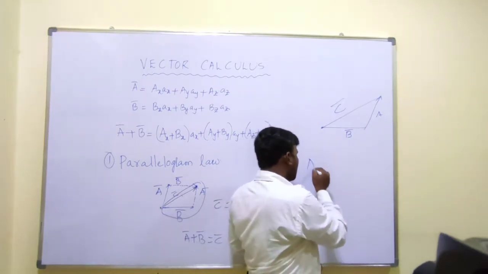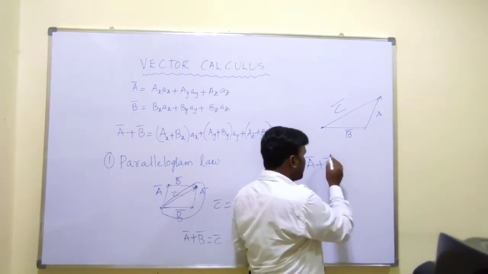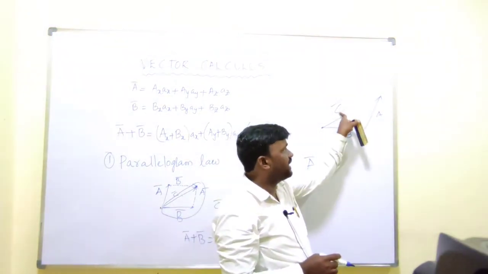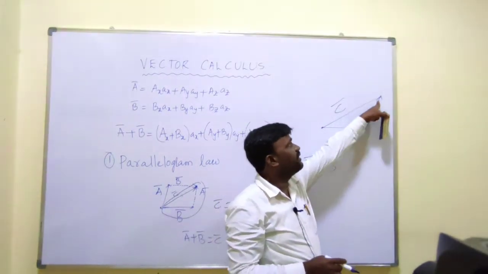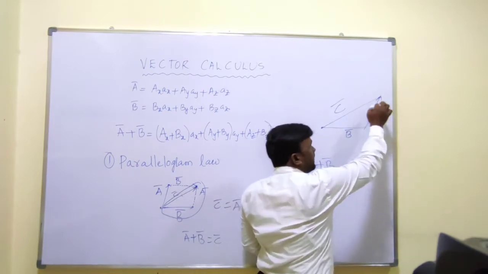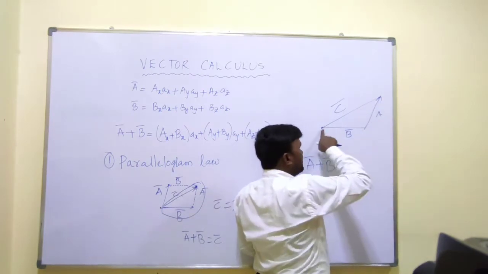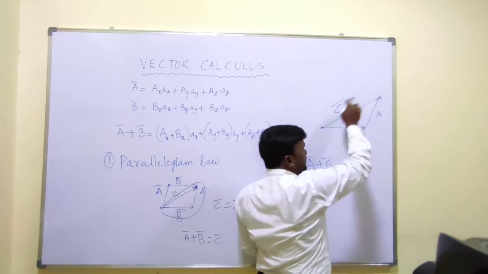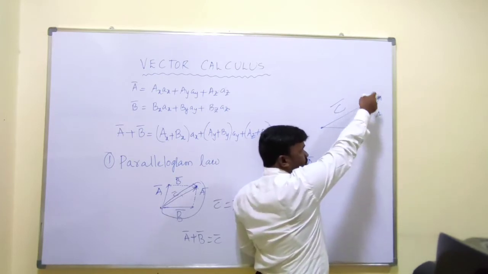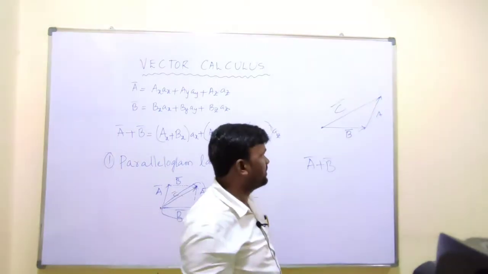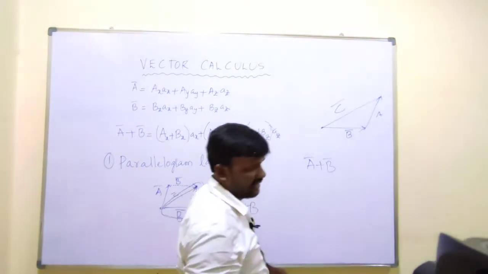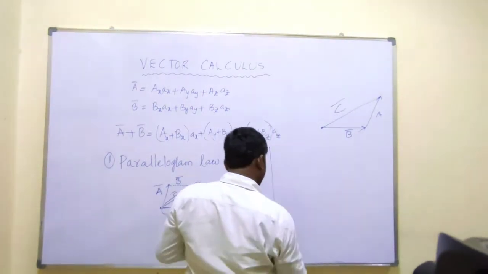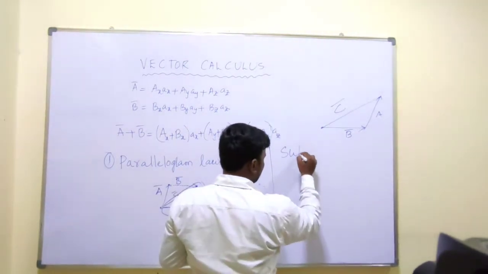If you want to get the resultant vector of a bar plus b bar, we need to start at the starting point, the tail, of one of the vectors, and this resultant vector should terminate at the head of the other vector. This is called as what? Triangle law of addition. Next we will move on to the subtraction of two vectors.